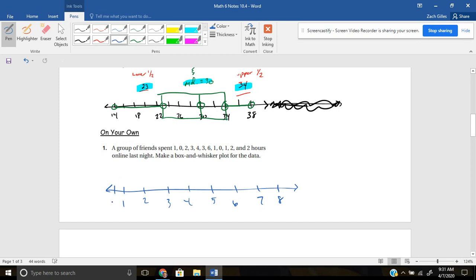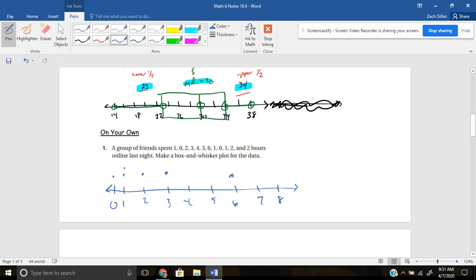Oops, I forgot to. 0. My median was 2. I got my quartiles. I got 1 and 3. And then the greatest number was 6, I think.